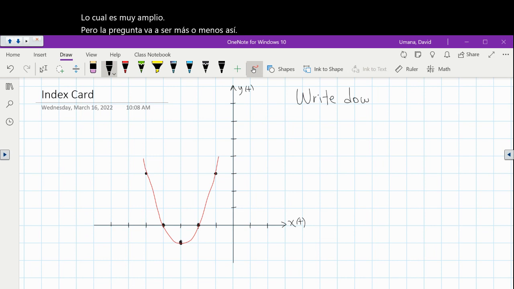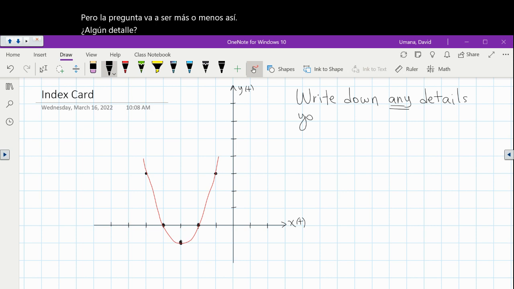Write down any details you know about this parabola.